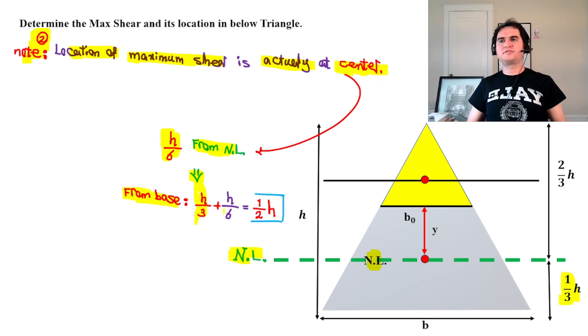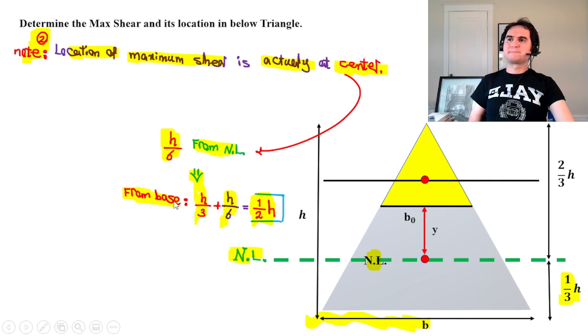So h over 3 from the base plus h over 6 gives me 1 over h. So again, the centroid of a triangle is also located at its center by the numeric value of 1.5 shear over the total area. Thank you.